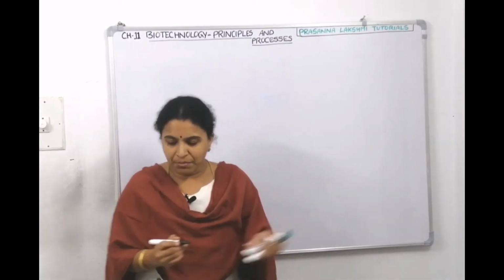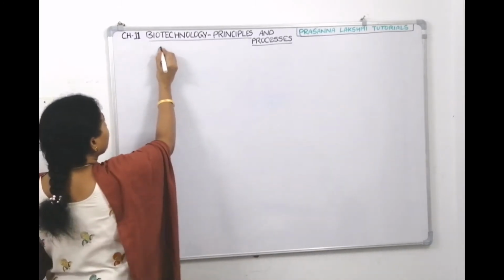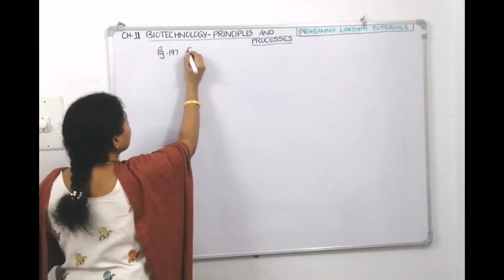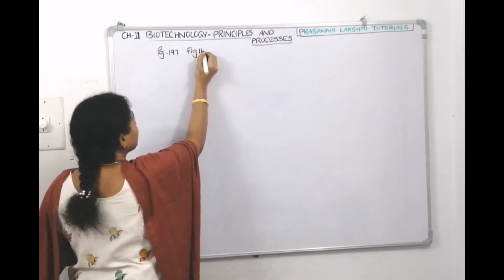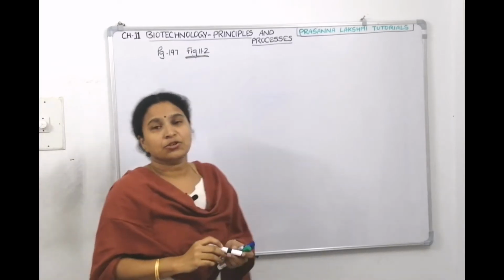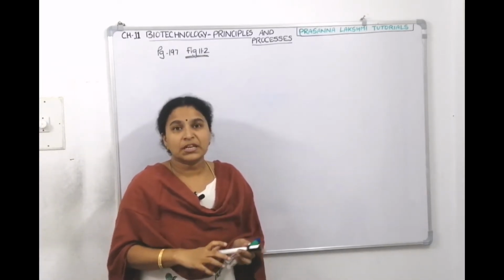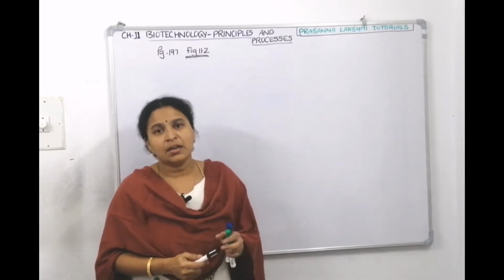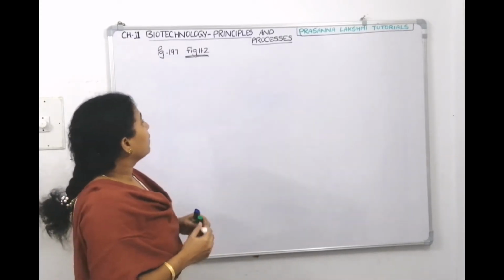Now, on page number 197 in NCERT, there is a figure 11.2. It is the diagrammatic representation of rDNA technology. You will understand what is meant by isolation and separation of DNA fragments. So, figure number 11.2, what is it?